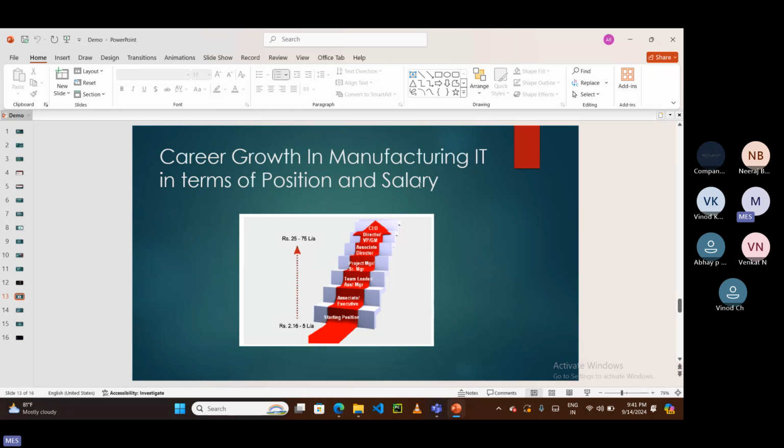MES is a process automation. So you will get a very top level position, like automation head. And if the whole company is working only on automation, then you can be a CEO, something like that. Those are very top level positions.